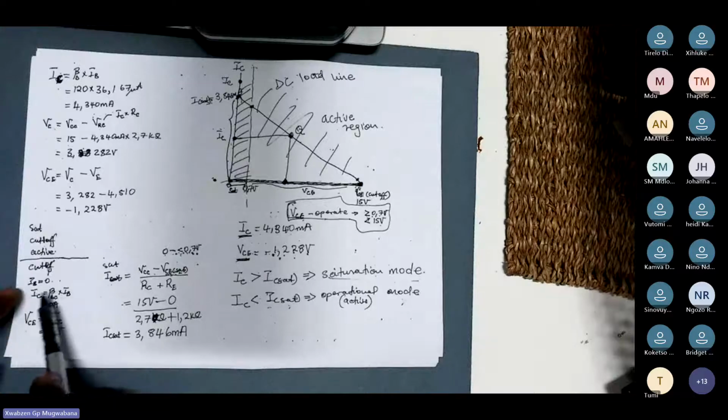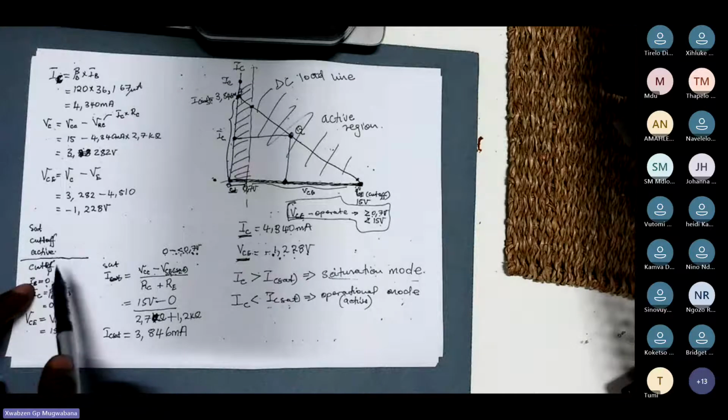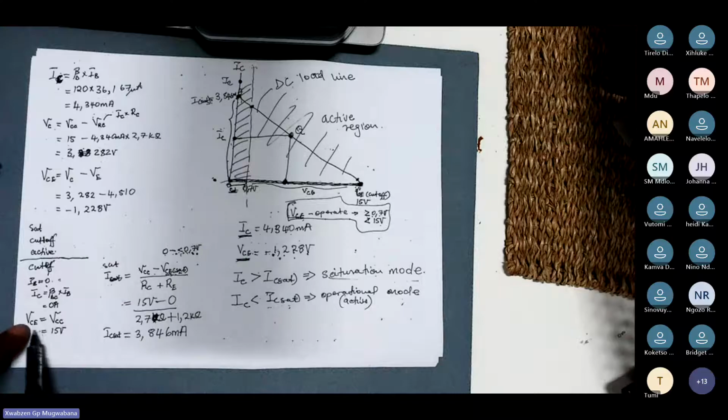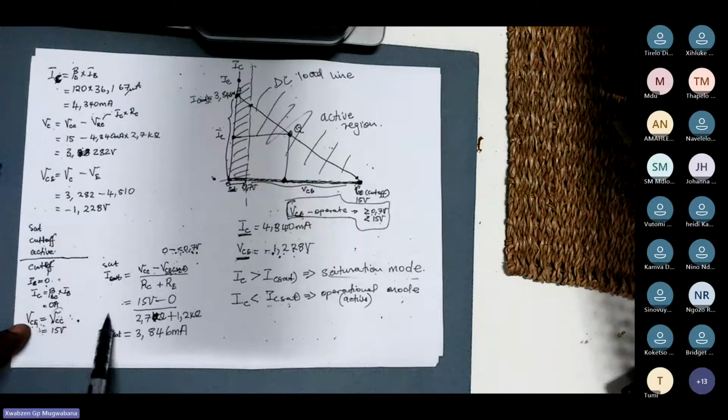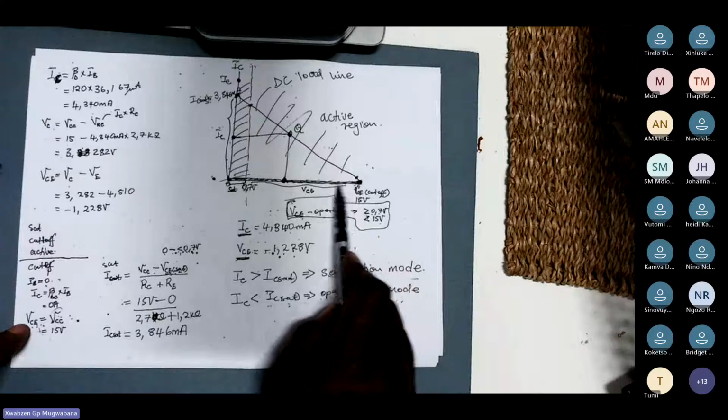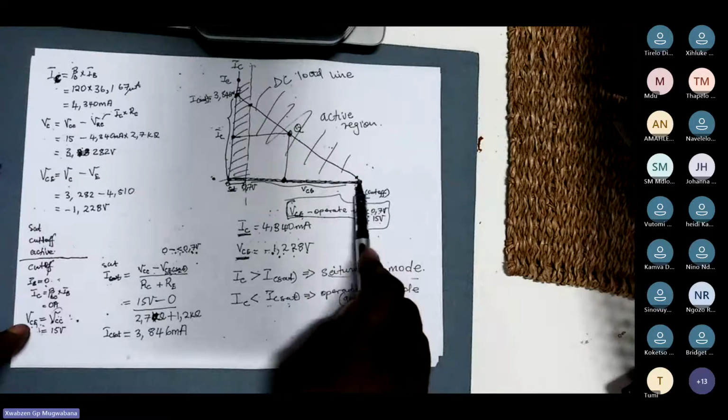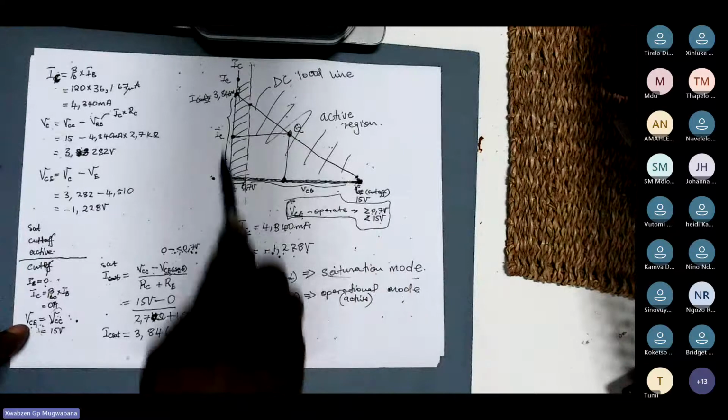Remember, the moment this IB starts to generate, your VCE also will change. Because you have got IC, to find VCE it is going to be this one minus that one there. When VCE is dropping, your IC is increasing.